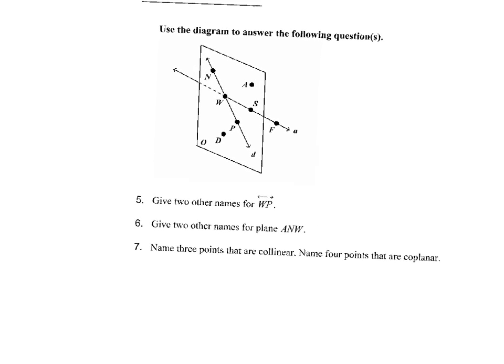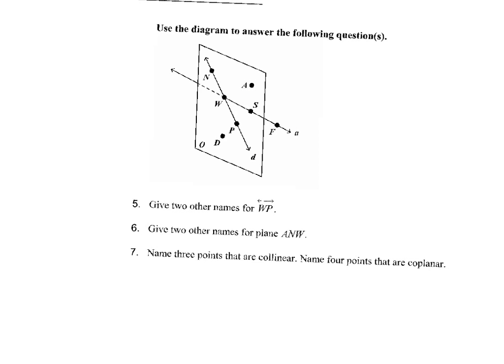All right, so here we have, use the diagram to answer the following questions. The diagram shows a plane with a couple of lines here and a variety of points. Now, I want to point something out about this diagram. You'll see how there's a dotted line right around here.